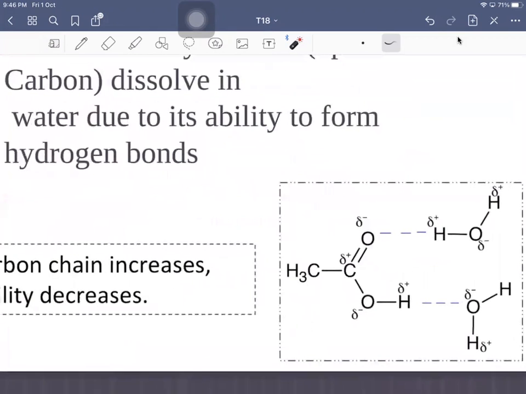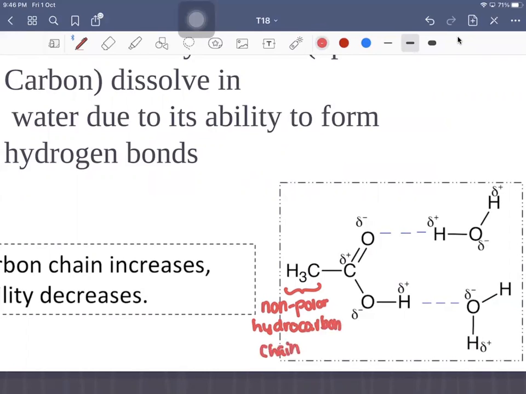Right, I am just going to label this as the nonpolar hydrocarbon chain. So in this case, there's only one CH3, obviously. So the bigger the size of this hydrocarbon chain, the more nonpolar the molecule becomes, okay?